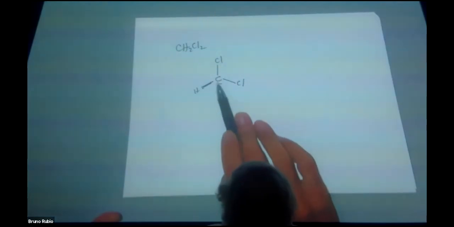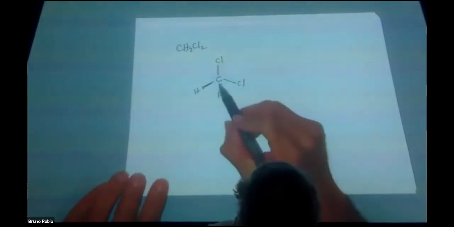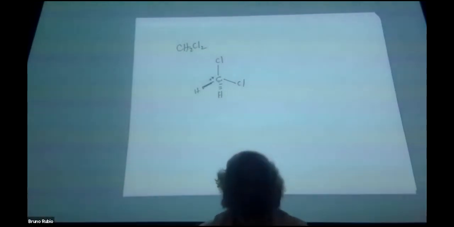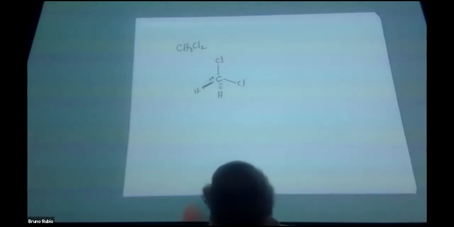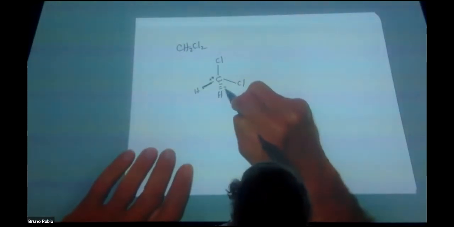So although carbon is more electronegative than hydrogen, and this bond does have a bond dipole, it's teeny tiny, right? I'm going to draw it like that. It's teeny tiny because the electronegativity difference between carbon and hydrogen is small.